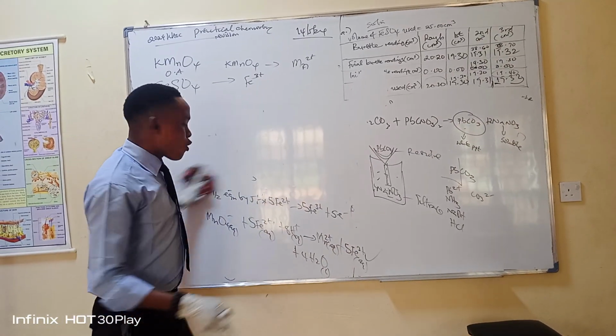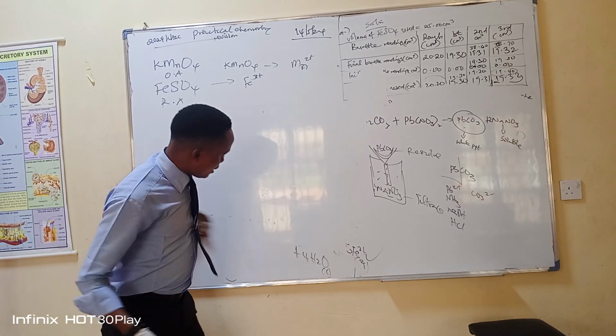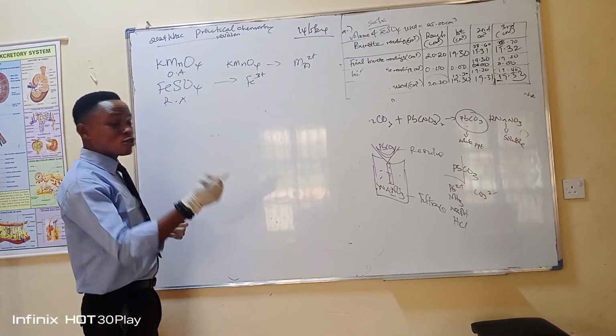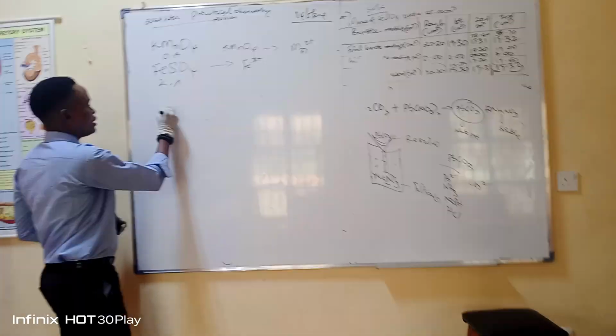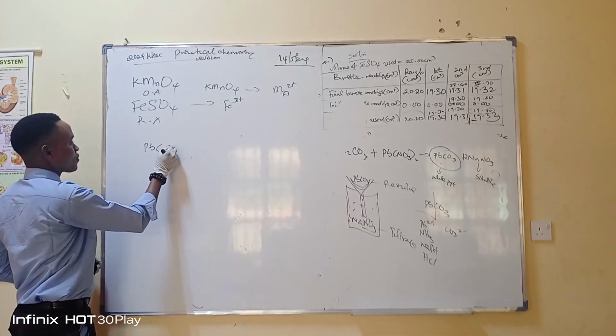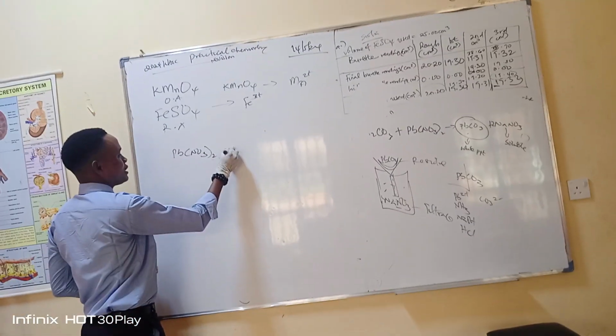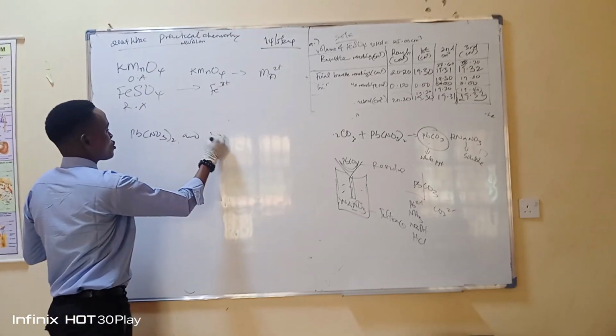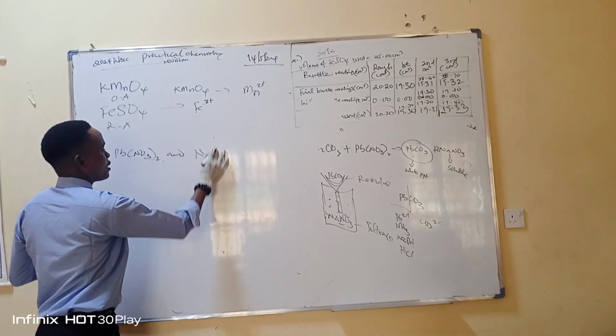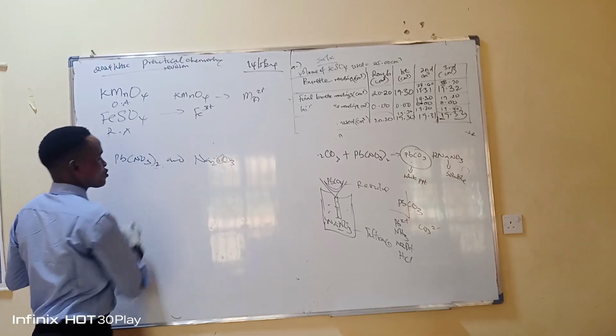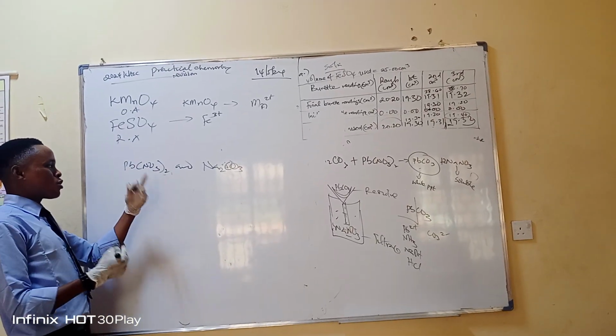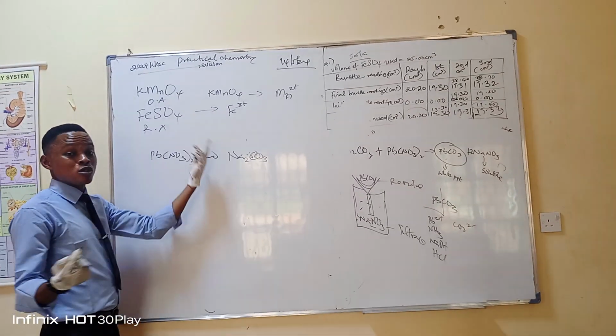Then lastly, before we call it a day, let's look at the salts that are given. We are given lead nitrate and sodium carbonate, Na2CO3. Looking at this, all lead nitrates are soluble, and this one too is a soluble salt.